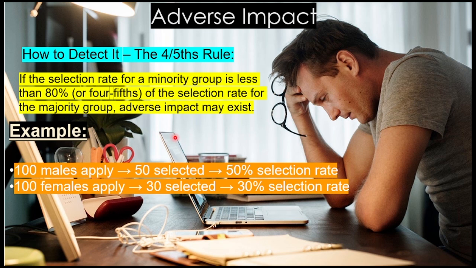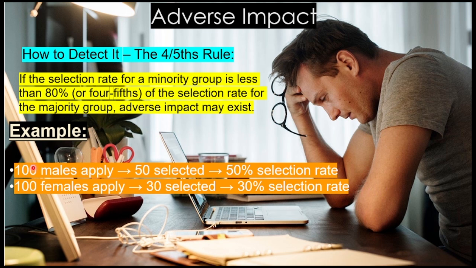A post is published for hiring: 100 males apply and 50 are selected, which means a 50% selection rate. On the other hand, 100 females apply for the same post and 30 are selected, meaning a 30% selection rate, and 70% are not selected.